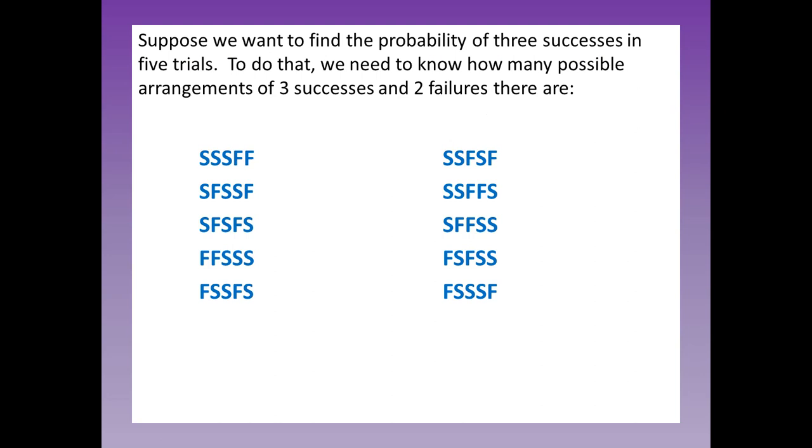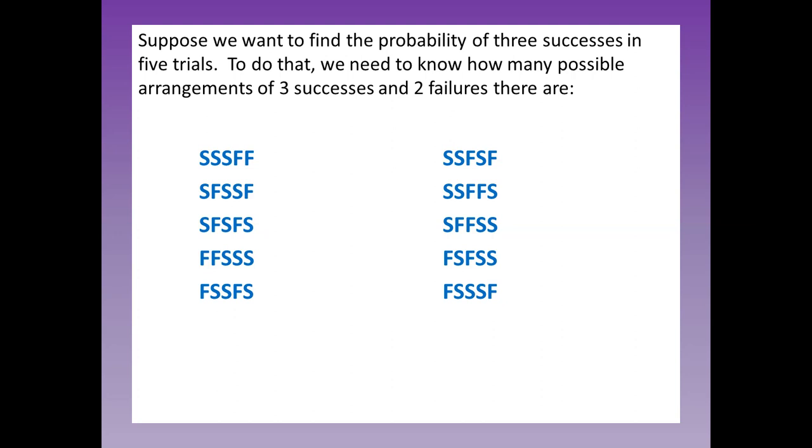The entire purpose of this little piece of the notes is to illustrate how quickly the number of possible arrangements balloons. Suppose we wanted to find the probability of 3 successes in 5 trials. We'd need to know how many different arrangements there are of 3 successes and 2 failures. This one you can do by brute force, and it doesn't take too long to figure out that there are 10.